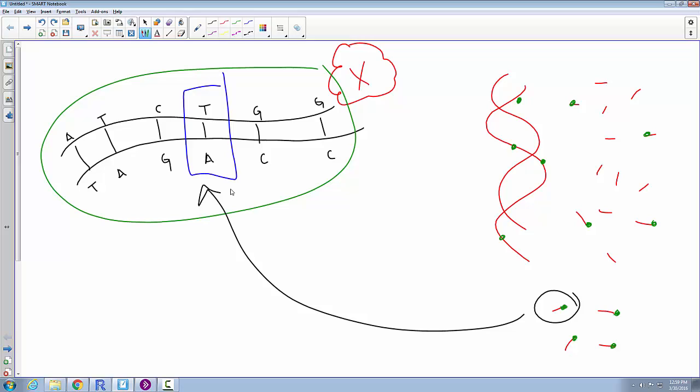So for me, we could come to my DNA, and here's my first chromosome, and at this blue location, suppose I have TA. Here's my second chromosome. Let's just say we have T and A at this location.